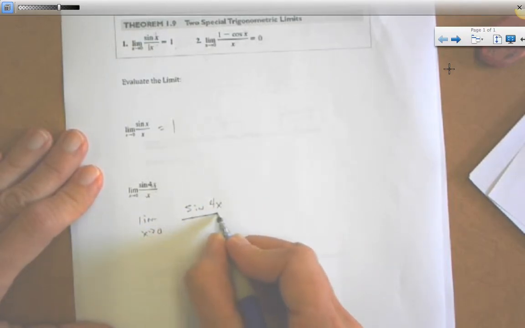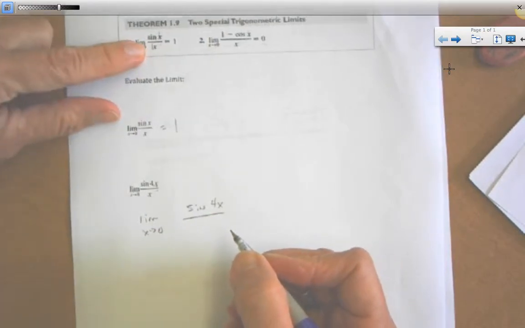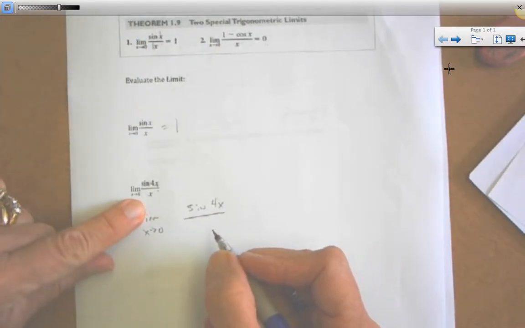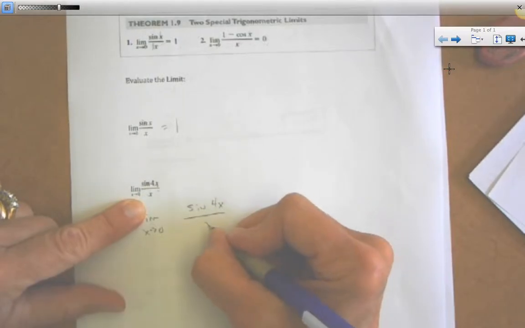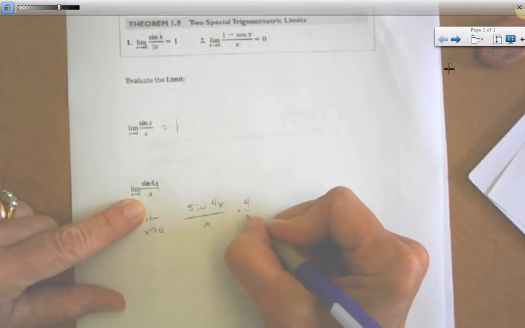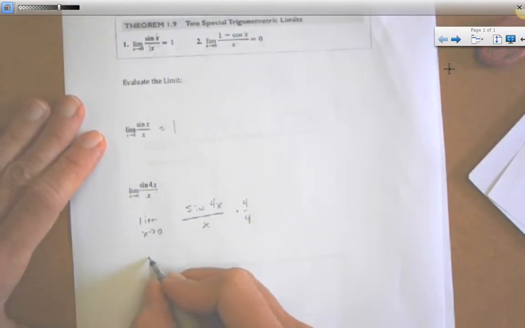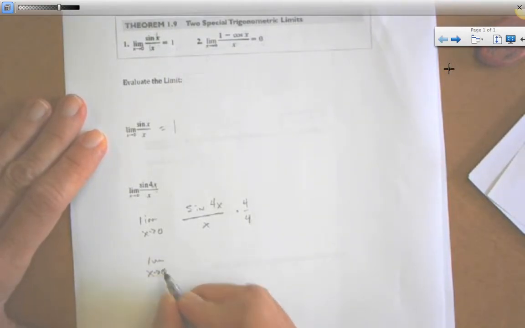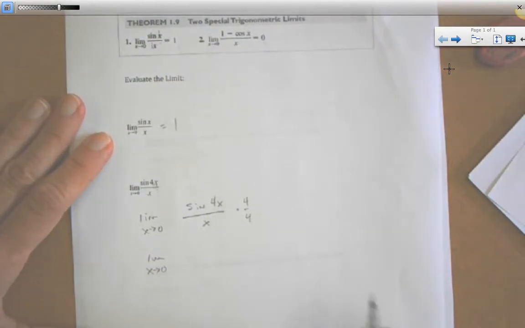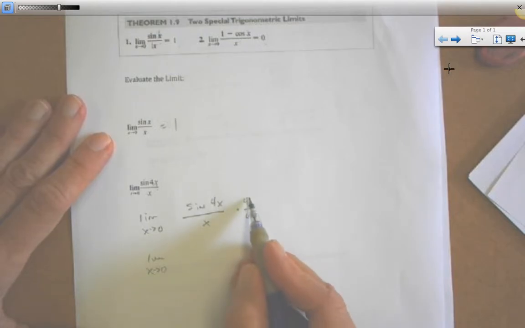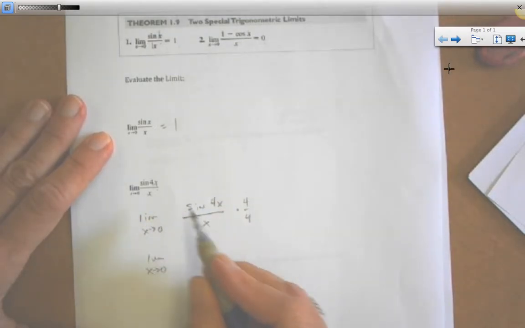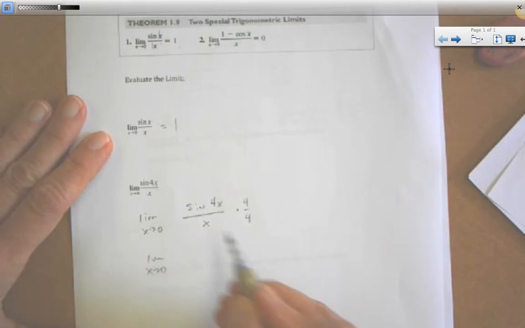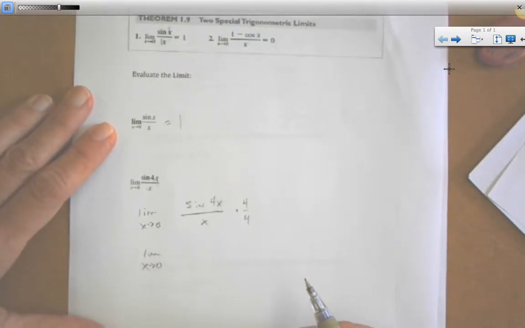All right. So for me to use this rule, I need a 4 in front of my x. So if I multiply by 4 over 4, and I use the commutative property for multiplication, I can rearrange some things. I'm going to pull this 4 in front of the sine, and I'm going to put this 4 next to x. Again, I'm just using the commutative property of multiplication.